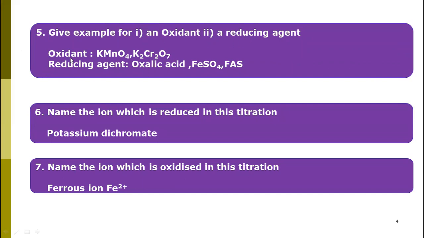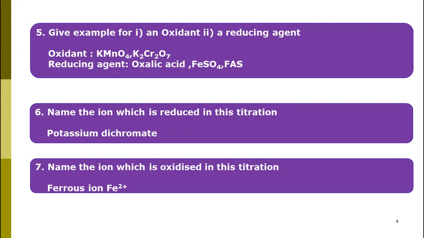Some of the examples of oxidant are potassium permanganate, that is KMnO4, and potassium dichromate, K2Cr2O7. And the examples for reducing agent are oxalic acid, its formula is (COOH)2, COOH twice.